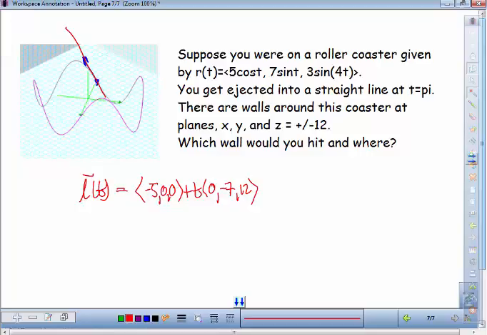So, intersection, you're going to hit a wall, right? So this is going to be some sort of intersection. So this looks like it's going to be -5 plus 0t, 0 minus 7t, and 0 plus 12t.